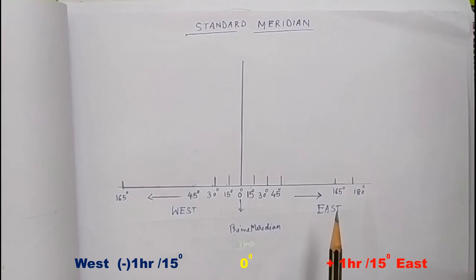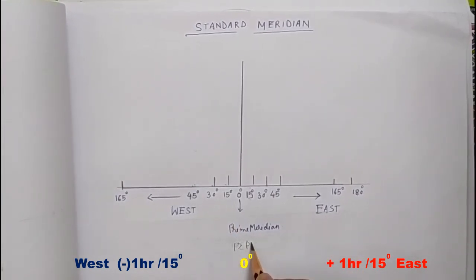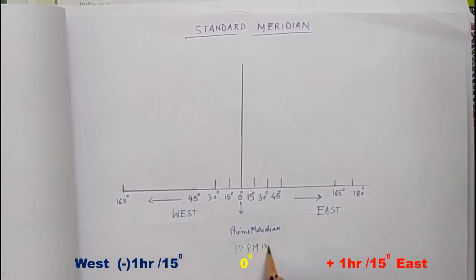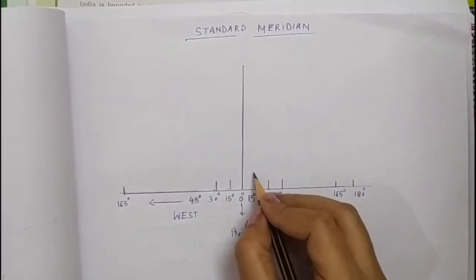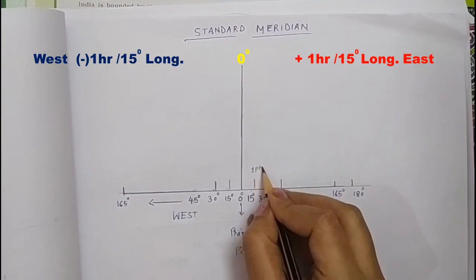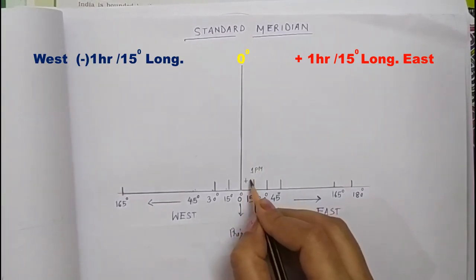So if the time is 12 p.m. at the prime meridian or Greenwich, then at the very first standard meridian on the east side it will be 1 p.m., 1 hour addition.